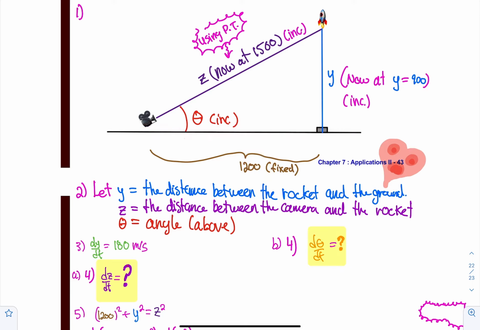Between the opposite side and the hypotenuse, the one that is given to us is the opposite side. We had to compute z. So if you make a mistake in the computation of z or in the computation of dz/dt, potentially you're going to get something that is wrong for theta or d theta/dt. So the two best sides to use in order to construct a ratio for theta are the opposite side and the adjacent side.